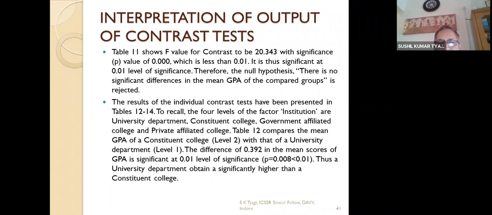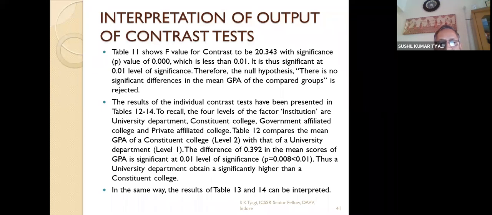The difference of 0.392 in the mean score of GPA is significant at 0.01 level of significance, because P is 0.008 and this is less than 0.01. Thus, a university department obtains a significantly higher GPA than a constituent college. In the same way, results of table 13 and 14 can be interpreted.